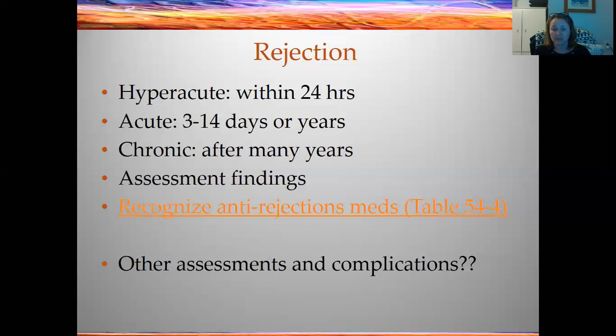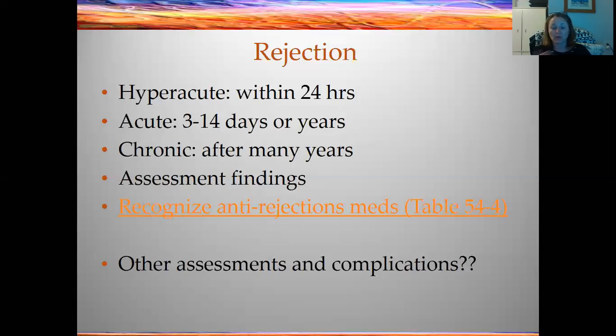So, other assessments that are needed. The biggest risk for patients who have received organ transplants is going to be the risk of secondary infections. They are going to be on immunosuppressant therapy for the rest of their lives. 75% of kidney transplant recipients are going to have at least one episode of an infection in the first year after transplantation, and it is a major cause of death for organ recipients.